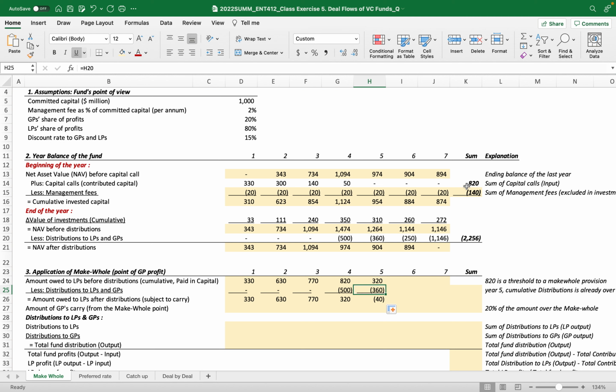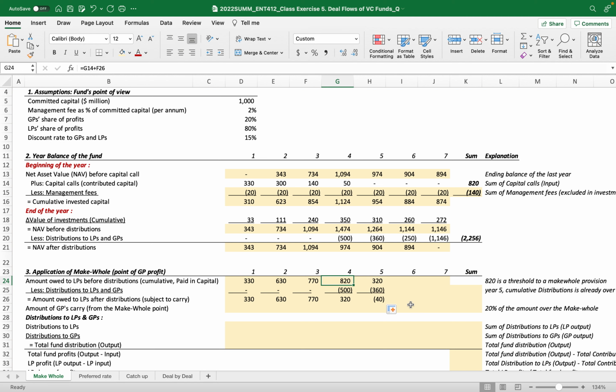That's over 820. So this 40 is the point when we apply the make-whole, because 820 is already fully covered. Even 40 is an additional amount of the distribution. You guys understand, right? So this amount will definitely be used as subject to carry, right?